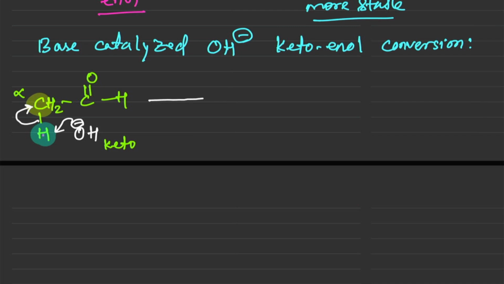So in this scenario, the equilibrium is going to be a little bit more biased to the left because OH minus is not as strong of a base.